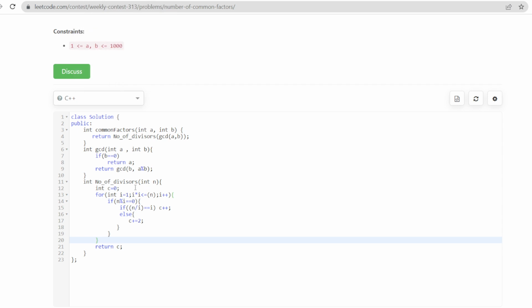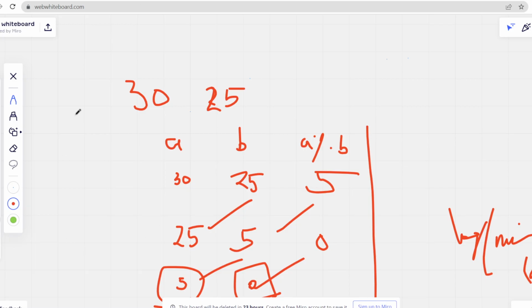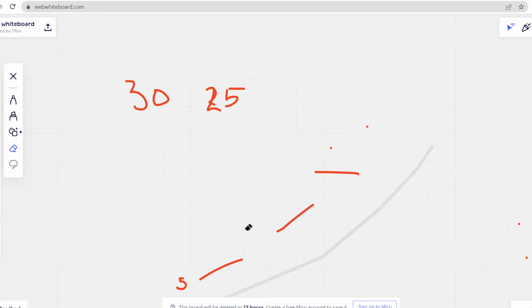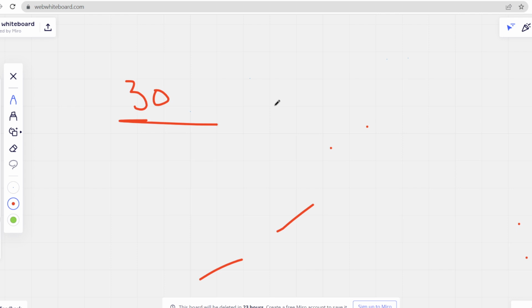Now the catch in this function is we are not iterating from 1 to n. Basically, we are calculating till square root of n. Now why so? Because the divisors always appear in pairs. For example, let's take 30 only here and let's discuss it. Let's say we consider 30 and we want to calculate the number of divisors 30 has.